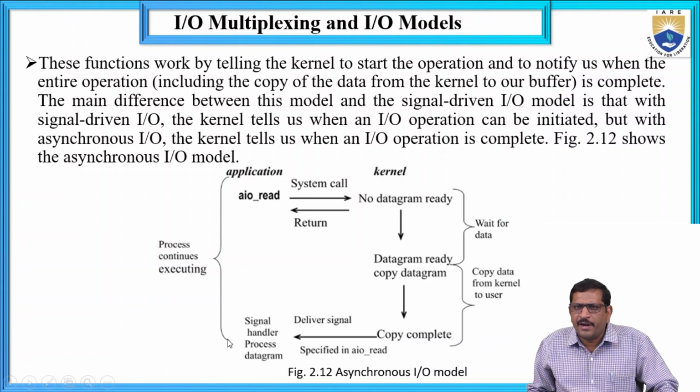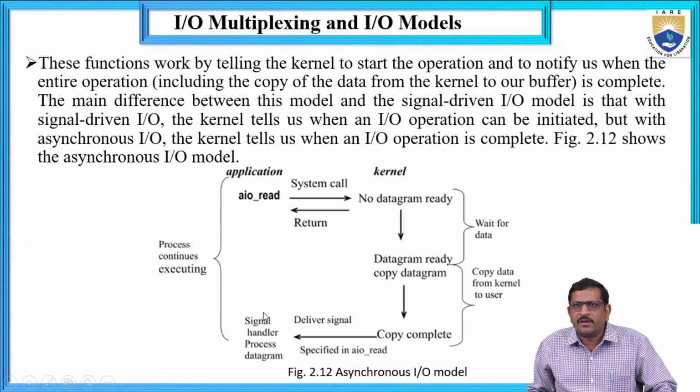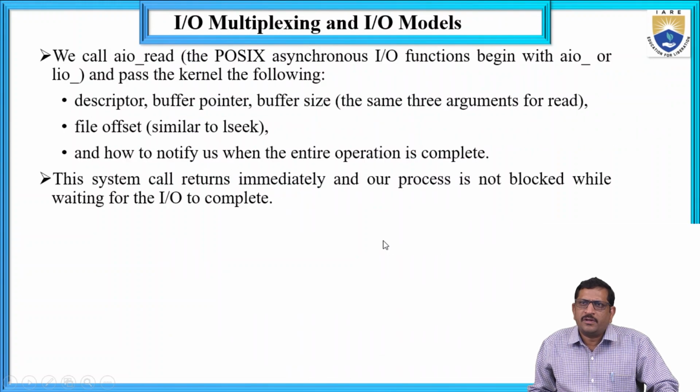Deliver the signal. That is, the specified asynchronous signal is delivered to the end user through the signal handler. The signal handler processes the datagram, and processing can continue executing.